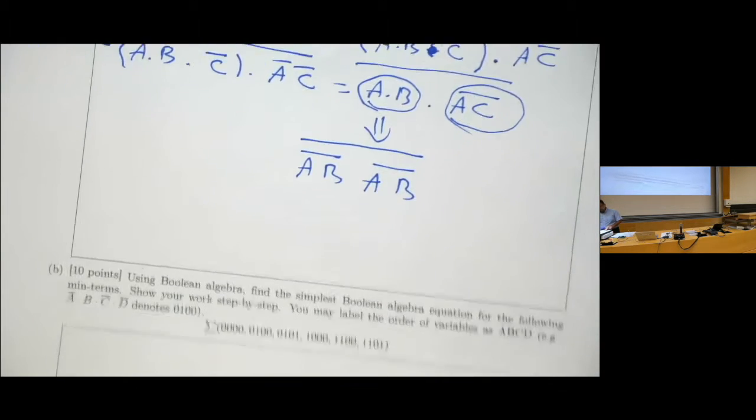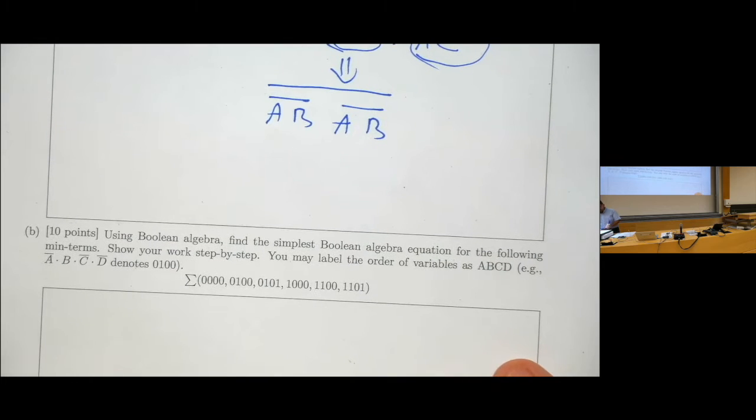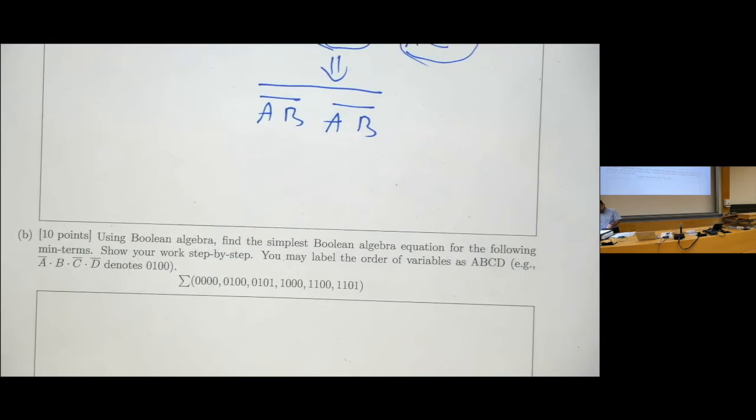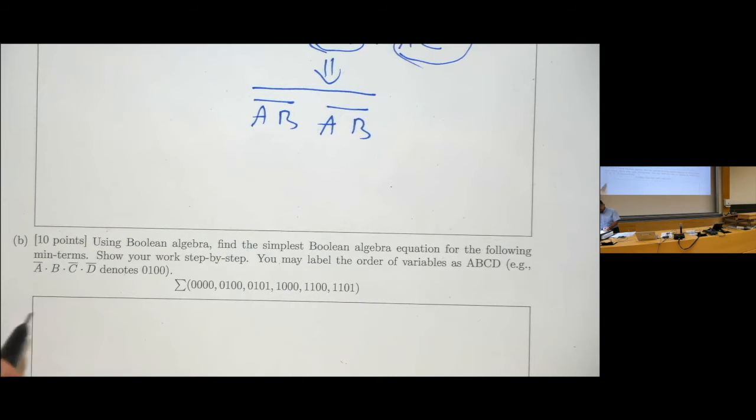It's kind of easy. So part B. We need to write the function formula and then try to simplify it with Boolean equations.